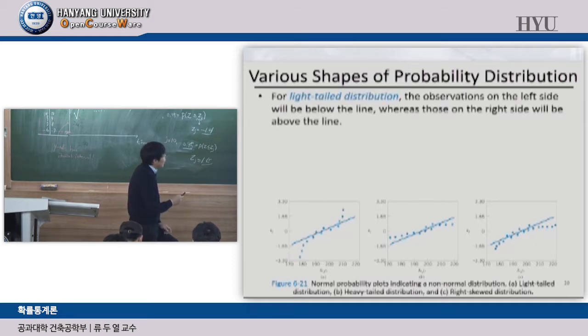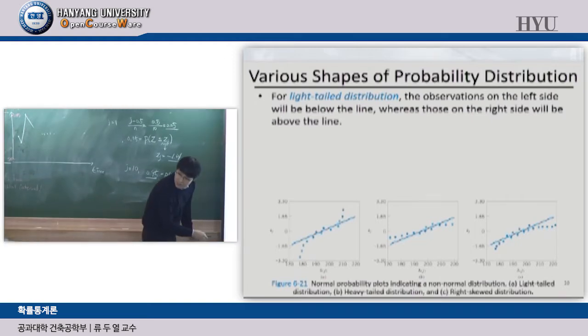For the light-tailed distribution, the observations on the left side here are below the line, okay? Whereas the observations on the right side here are above the line. And for this case, we can say this is the light-tailed distribution.